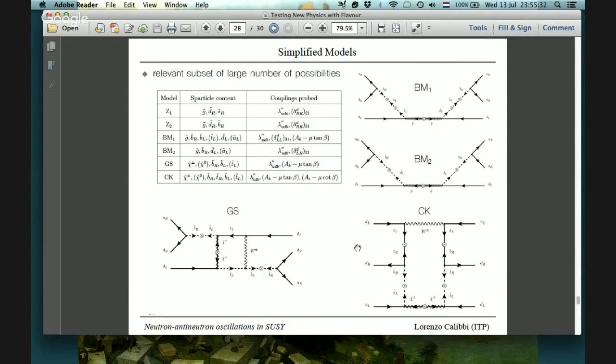While typically for diagrams with the second generation, if you put the charm here instead, you need some chirality flip, so you need mass insertions. This would be very much suppressed by the charm mass, of course, compared to the top mass, so it's not going to give a visible effect.